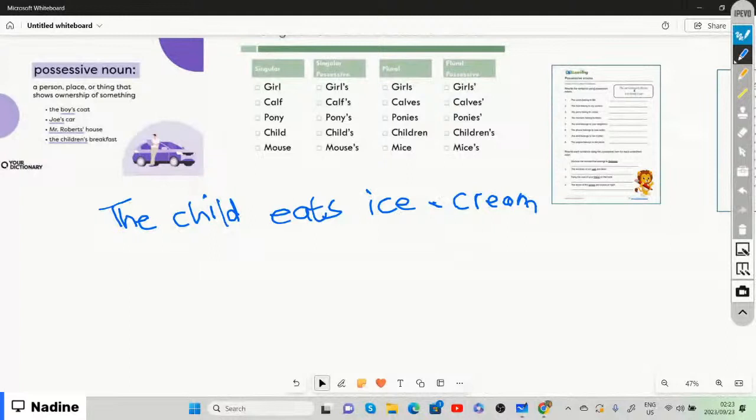Which means that it is one child that we're referring to. And there we have child, right?